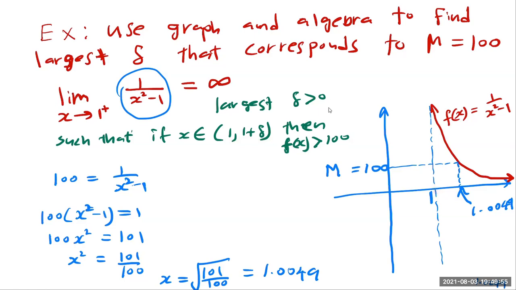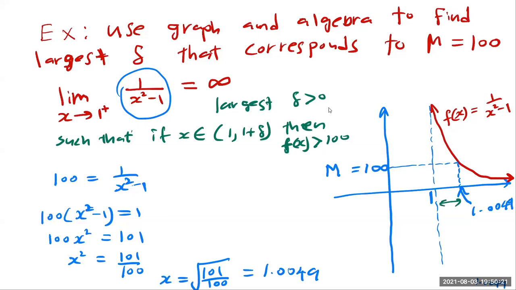The biggest delta that you can take is this length, right? If you take the interval (1, 1 plus this number), so if you take this one to be your delta, then that is the largest delta that you can take. Let's find this length, by the way.